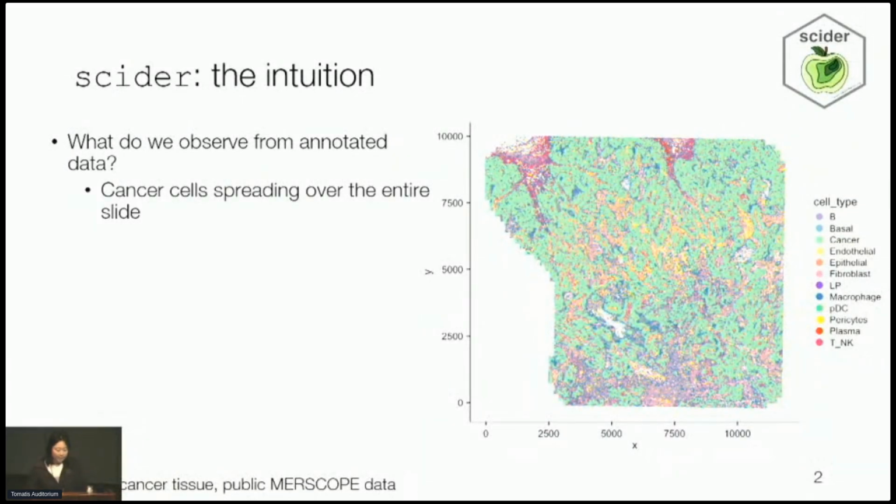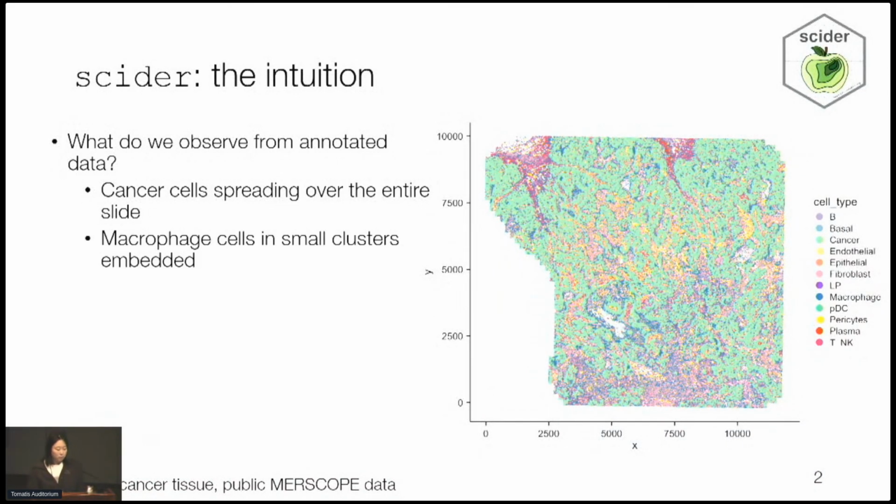We can see that cancer cells, in light green, are continuously spreading over the entire slide. And macrophage cells, in dark blue, are forming small clusters embedded in the cancer tissue. And so on. There are many other observations.